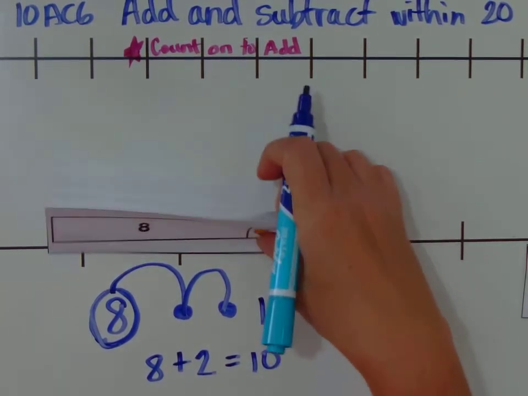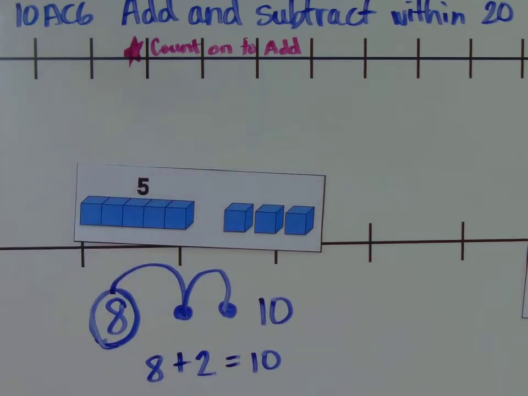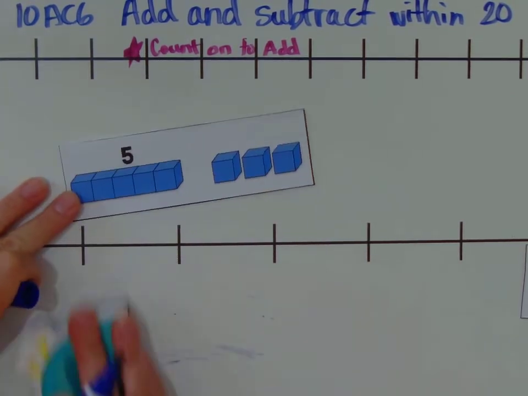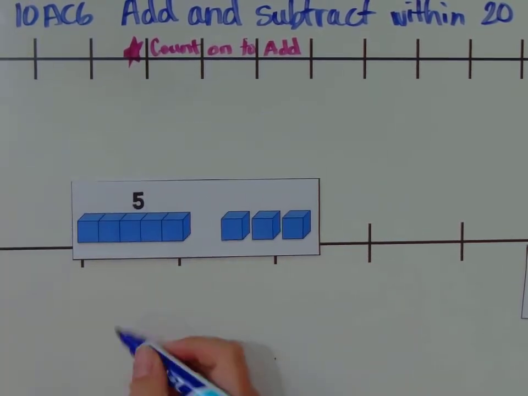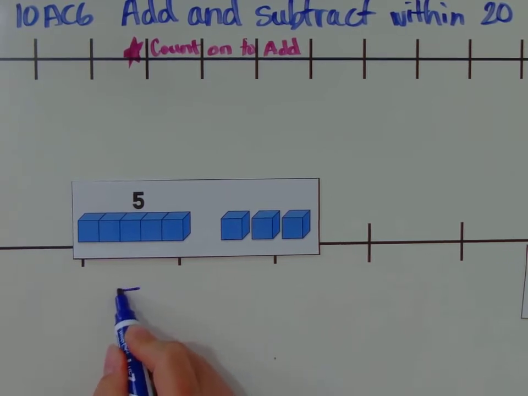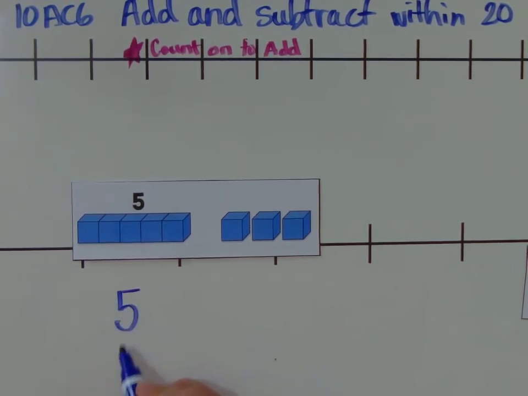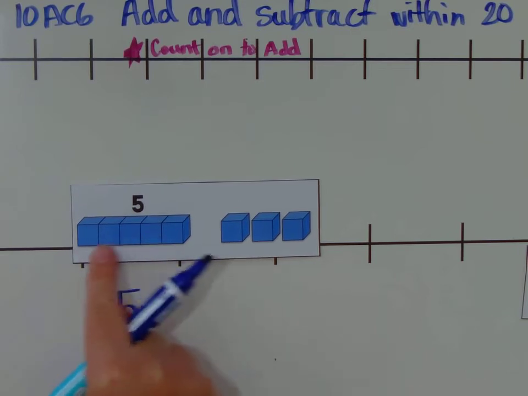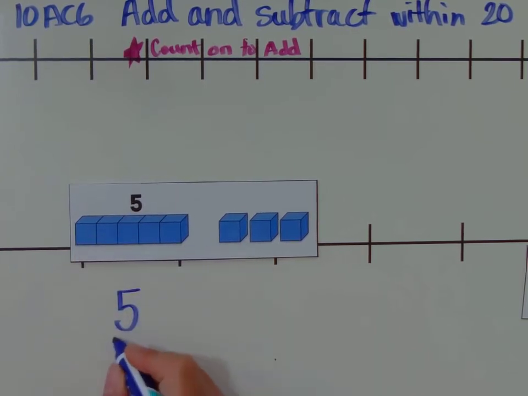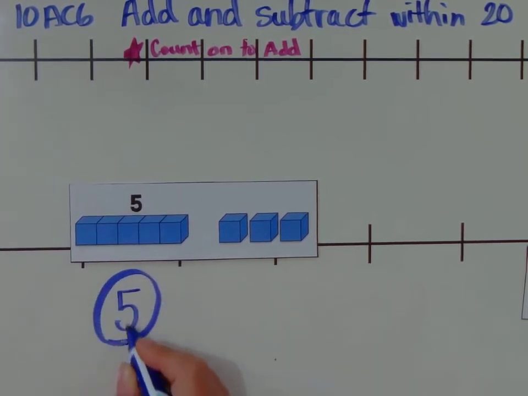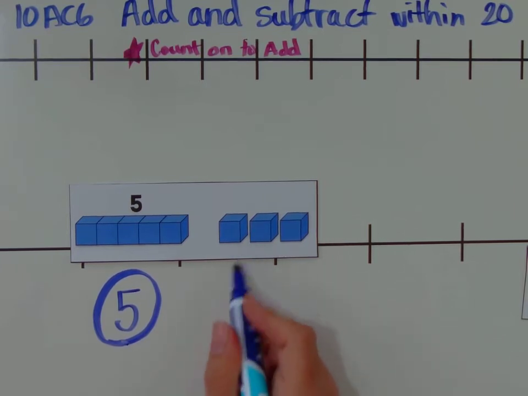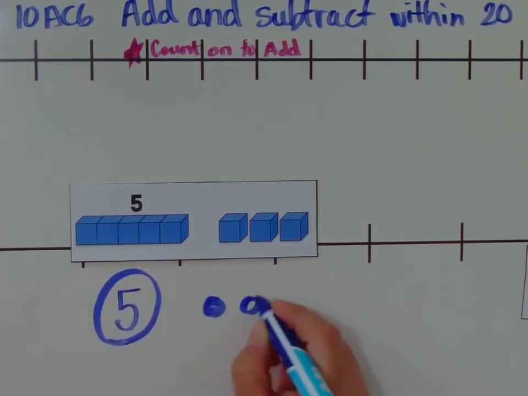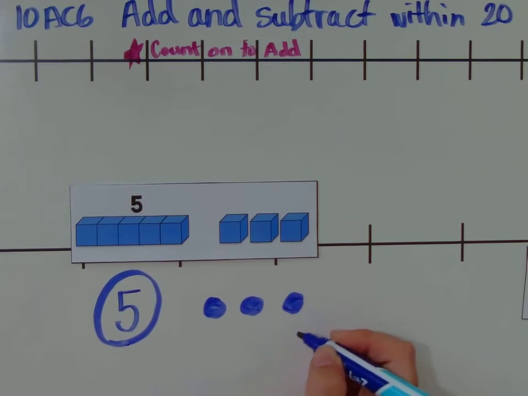And I have one more picture card. Here we have 5 cubes. Let's write the number 5. We don't need to start counting at 1. We can just say the number 5 and then the next number. We have 3 cubes that we are counting on.